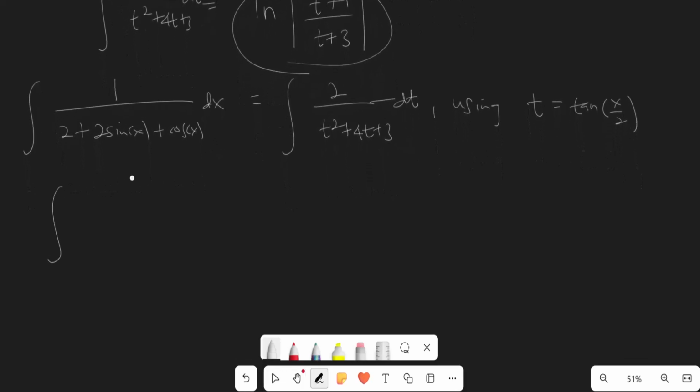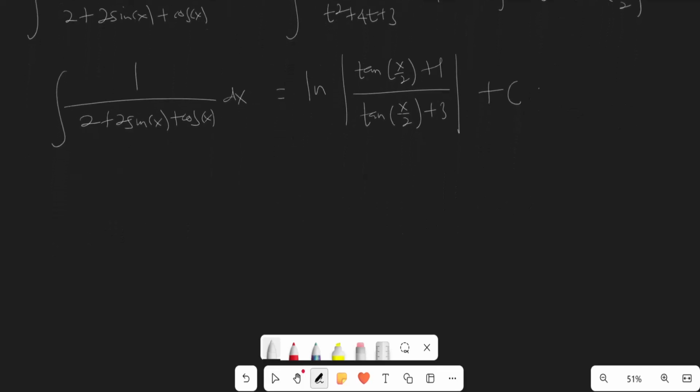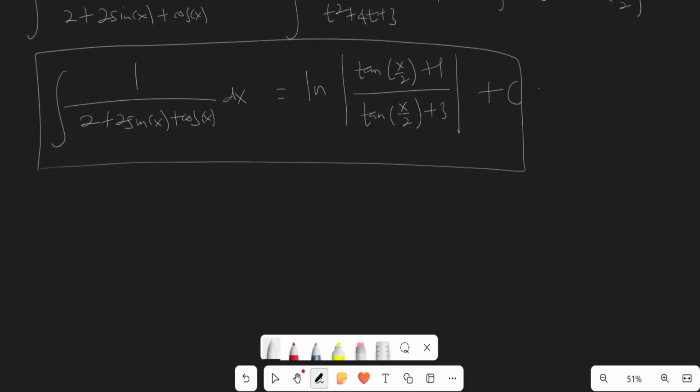Then our integral of 1 all over 2 plus 2 sine x plus cosine of x dx equals the natural logarithm of the absolute value of t plus 1 over t plus 3, where t is tan of x over 2, so tan of x over 2 plus 1 all over tan of x over 2 plus 3, plus the constant of integration. And with this we are done. So this is the value of the integral.